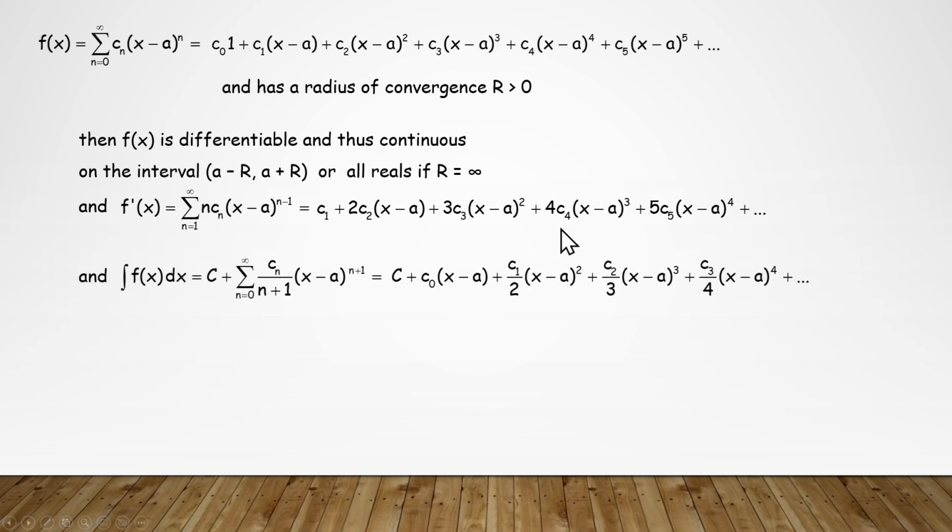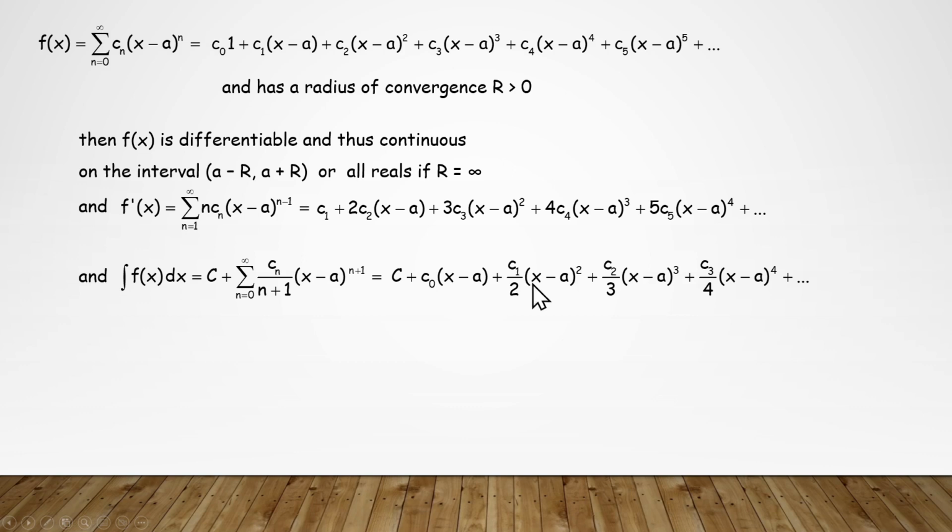We can also continue on and realize that if we can differentiate, we can also integrate. So we can basically do the power rule in reverse. We can raise everything to a power one higher than it was before. So here, c sub 0 now gets multiplied by x minus a to the first power, but then has to be divided by 1, hence why it's n plus 1 on the bottom.